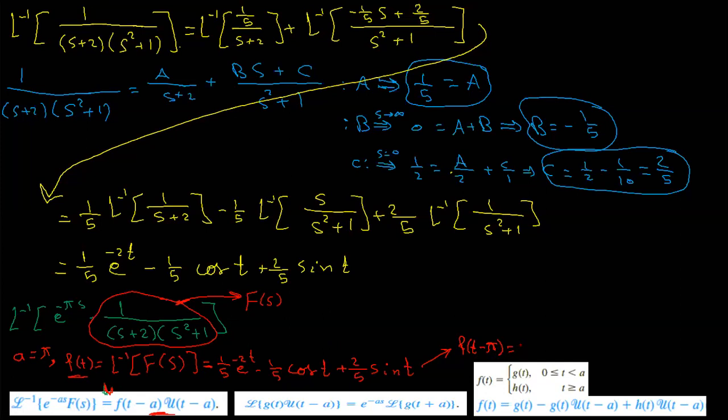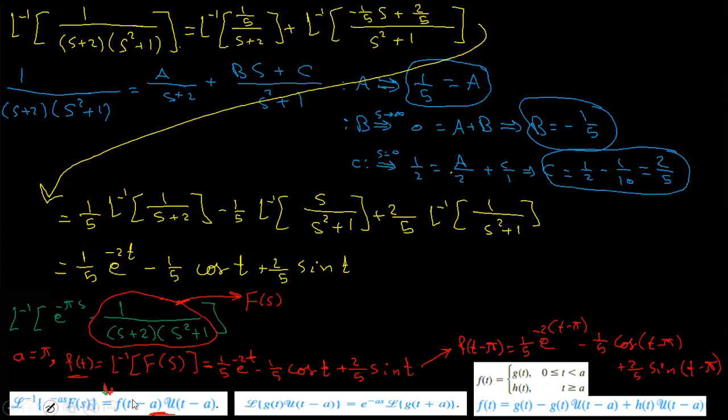So it will be 1 over 5 e to the negative 2 times (t minus pi), minus 1 over 5 cosine (t minus pi), plus 2 over 5 sine (t minus pi). You replace each t here by t minus pi. Now I'm going back to green to write the answer of my Laplace inverse.